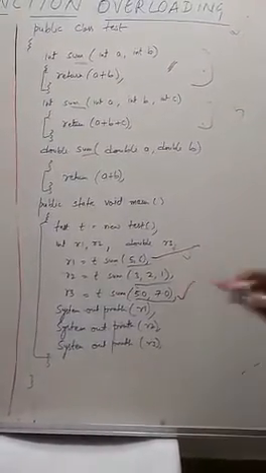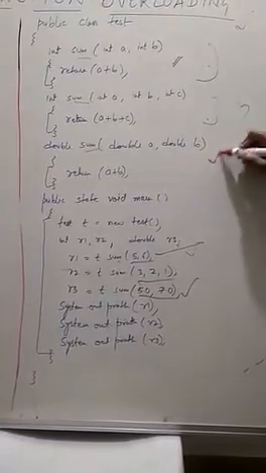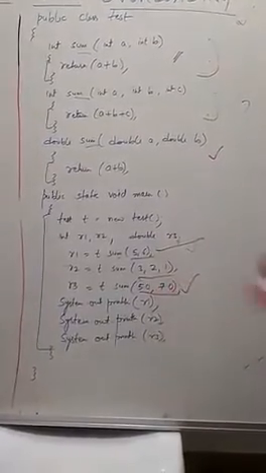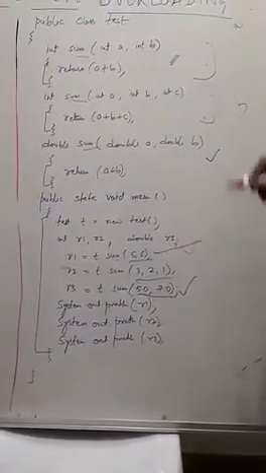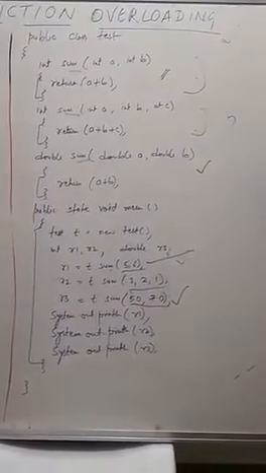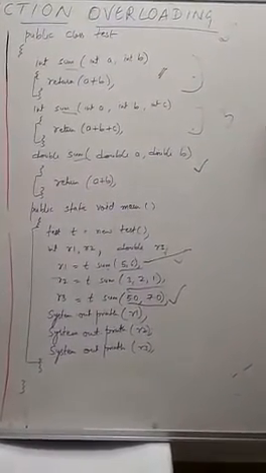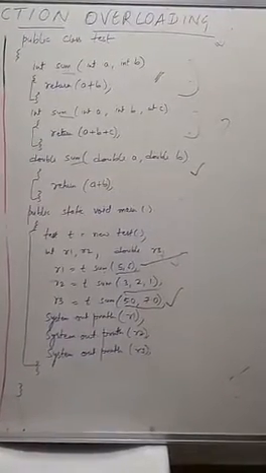When this statement gets executed, obviously it will call this method, because we are passing two double values and it is accepting two double values. So this is the way the compiler will distinguish which method is to be executed when. So this whole concept is known as function overloading.